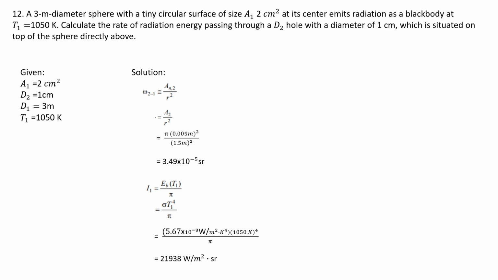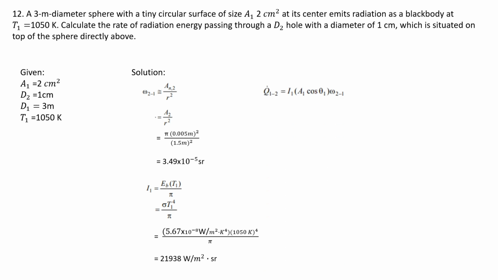Intensity represents the rate of radiation emission per unit area normal to the direction of the emission per unit solid angle. Therefore, the rate of radiation energy emitted by A1 in the direction of theta into the solid angle omega 2-1 is determined by multiplying intensity by the area A1 normal to theta and the solid angle omega 2-1.